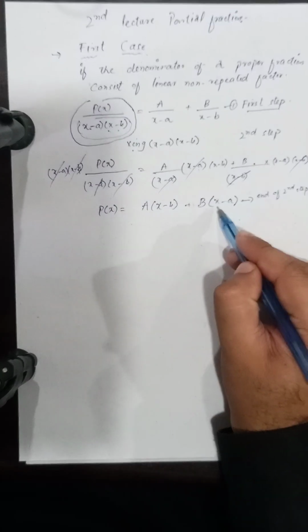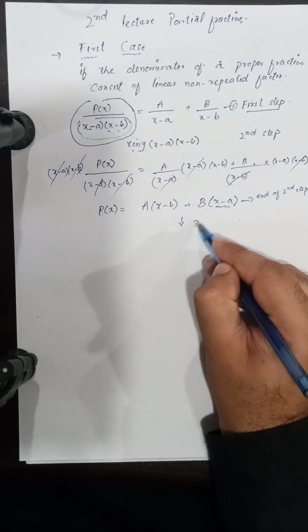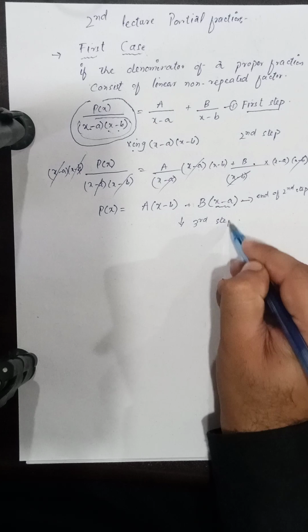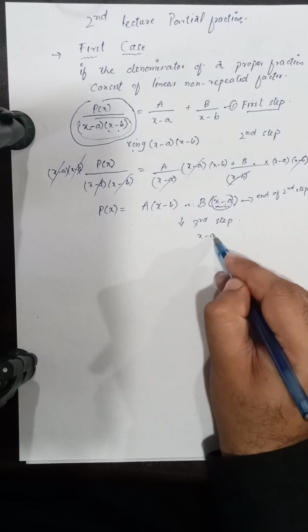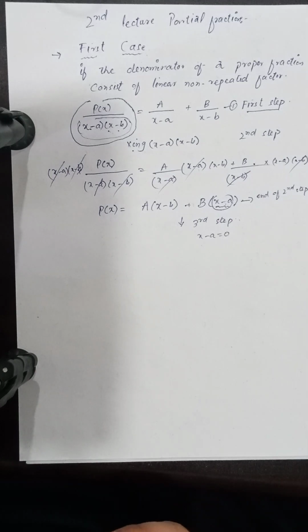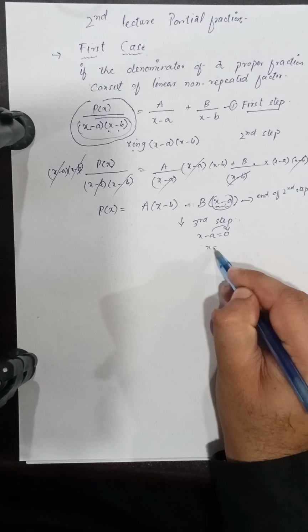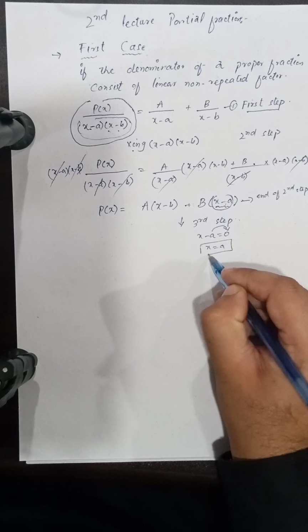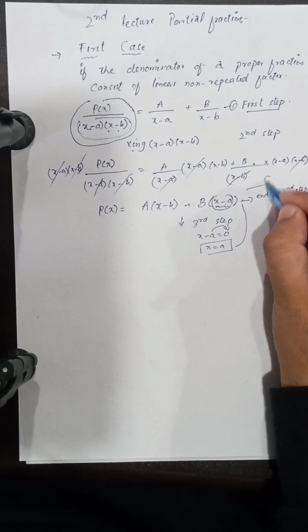This is the beginning of the third step. In the third step we take x minus a and assume that it is equal to 0, so shifting the minus a to this side, x equals a. So now in the third step put x equal to a in equation 1.